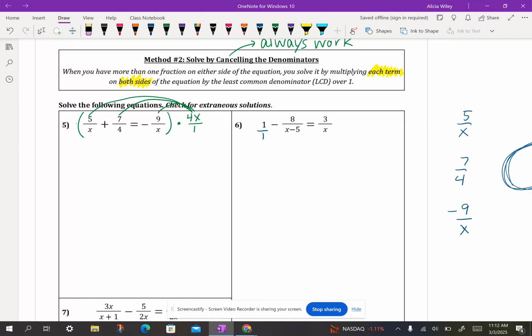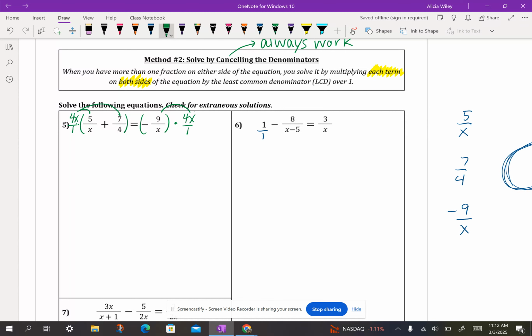Okay? So however you want to set this up is completely on you. You will see if you were to look at my work that I would do both sides. I'd be like, I'm going to multiply this side by 4x over 1 by distributing, and I'm going to multiply this side by 4x over 1 by distributing. That's how I like to set it up. Okay? So your choice how you show that.